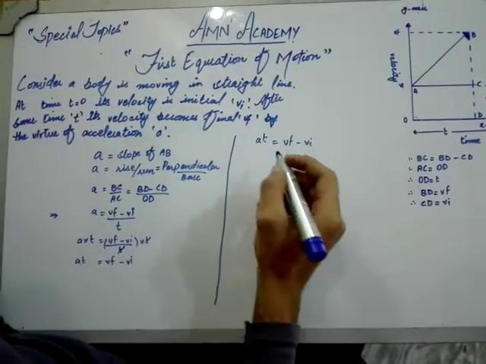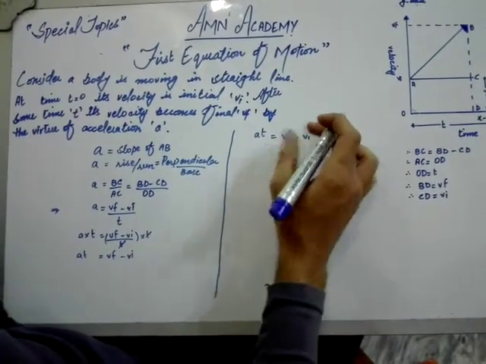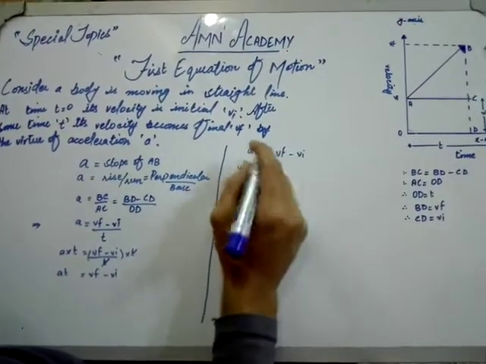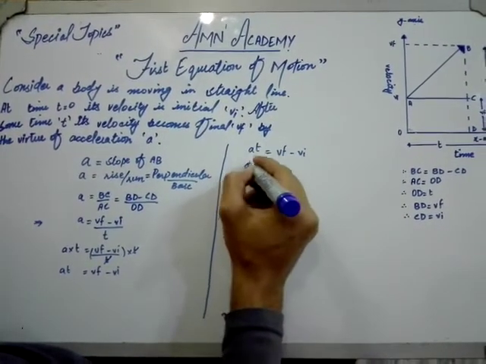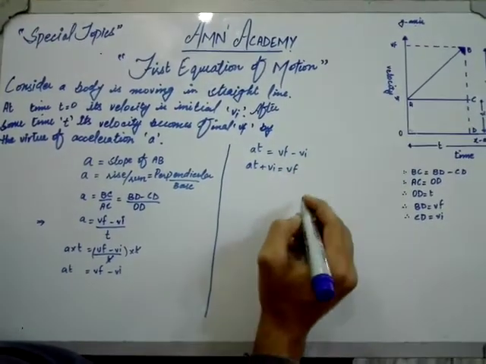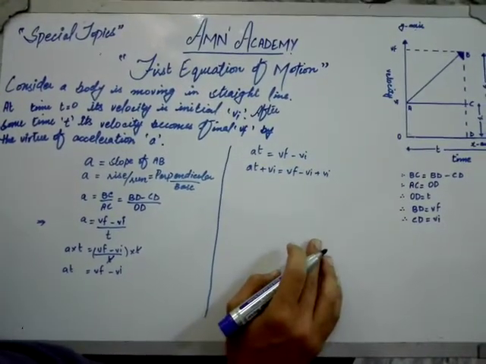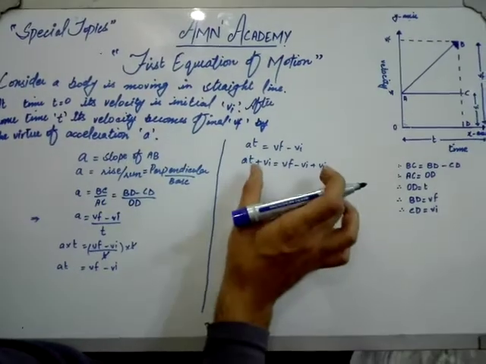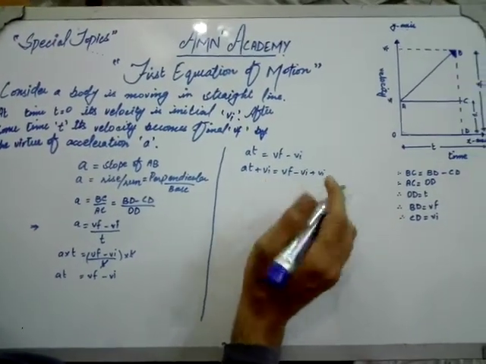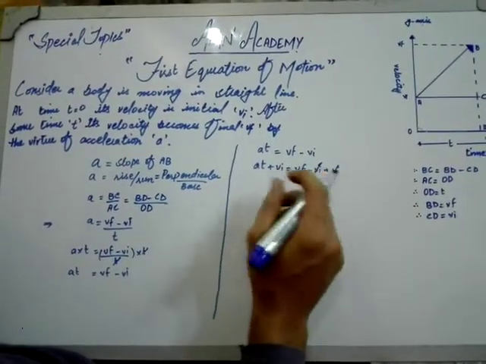The next step is to add the initial velocity to both sides of the equation. We can say at plus vi is equal to vf minus vi plus vi. What I did is I just added the initial velocity on both sides of the equation. Now minus vi plus vi cancel each other out.